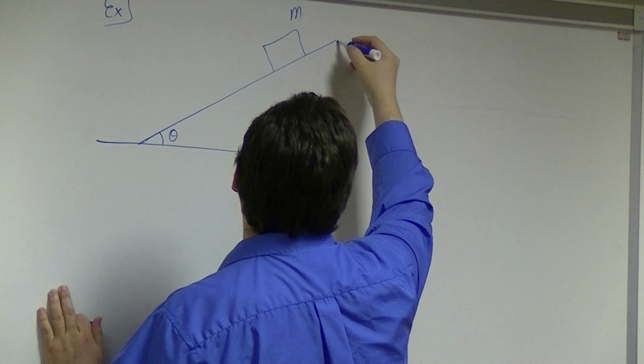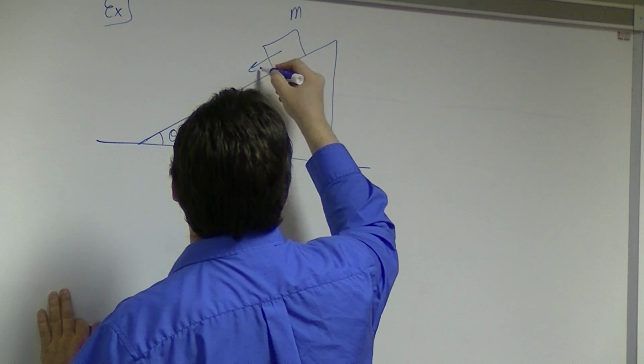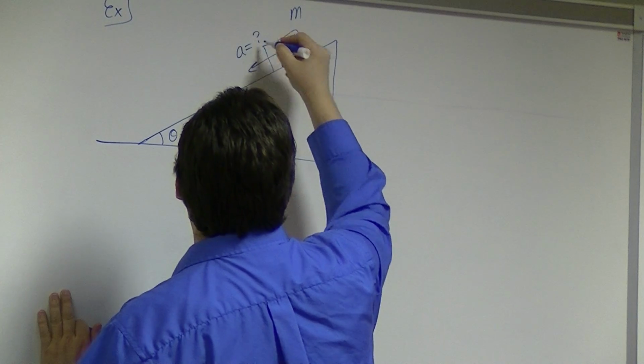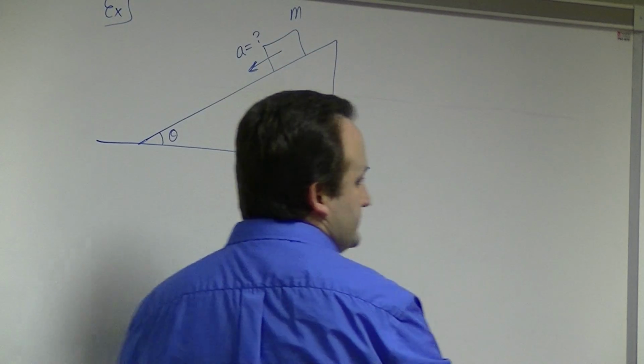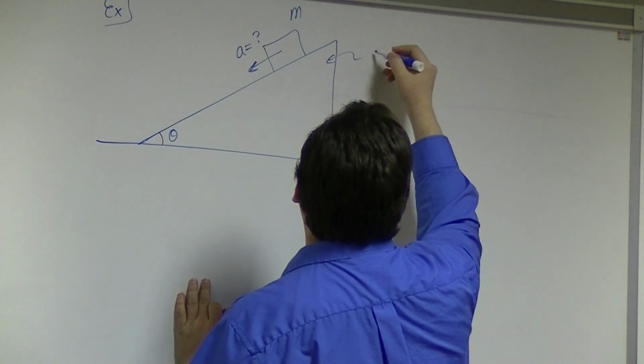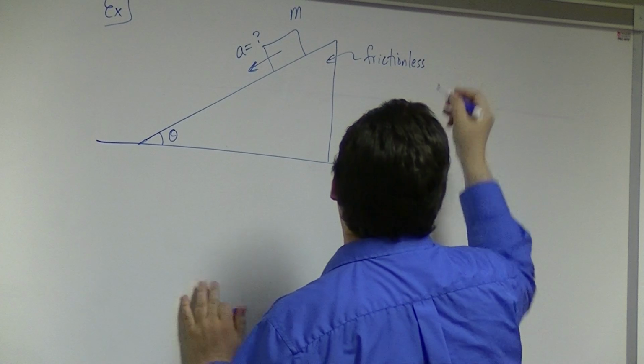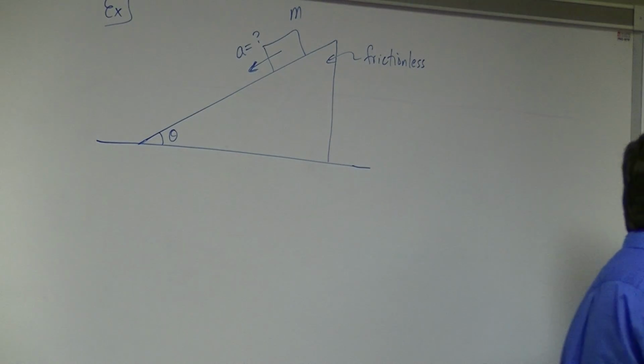It's actually easier if I don't put in numbers. I want you to tell me what's the acceleration down the plane. So again, this is a frictionless plane, and we're on Earth, near the surface.